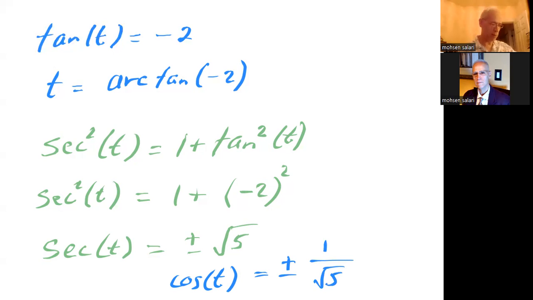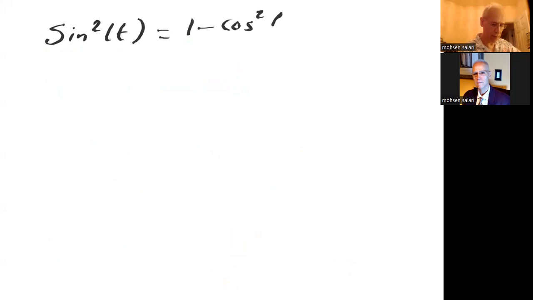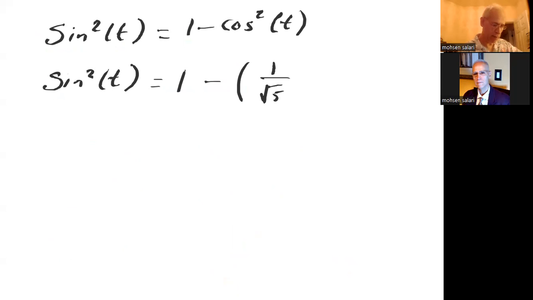Let me go ahead and go to the next page, using sine squared of t equals 1 minus cosine squared of t. So I'm going to say that sine squared of t equals 1 minus (1 over root 5) squared.